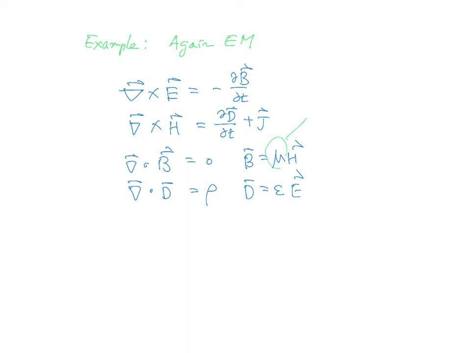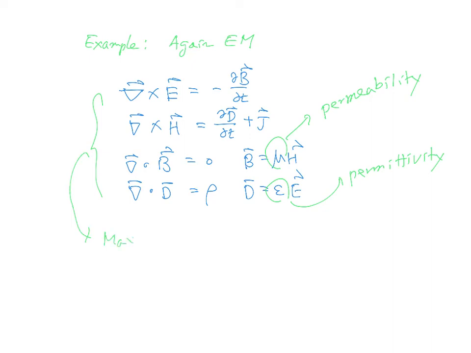And this mu has a special name called permeability. This epsilon is the permittivity. And this whole thing is called Maxwell's equations. Maxwell's equations were formulated about the mid-19th century.